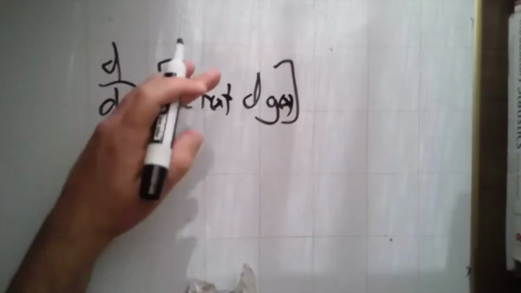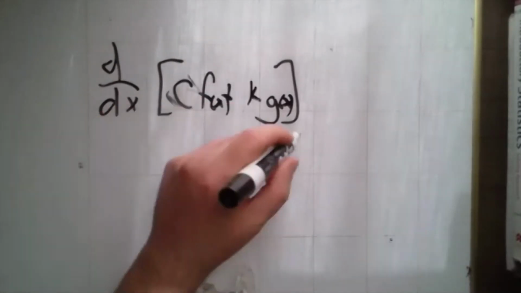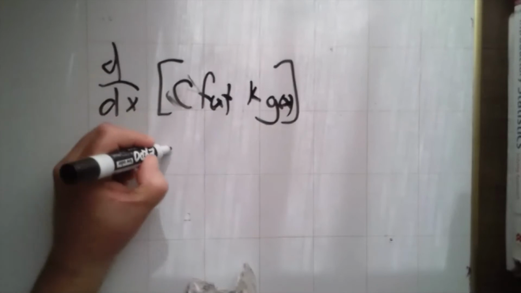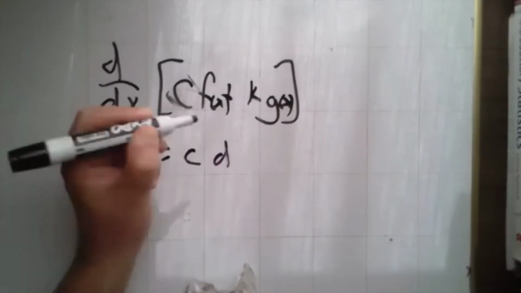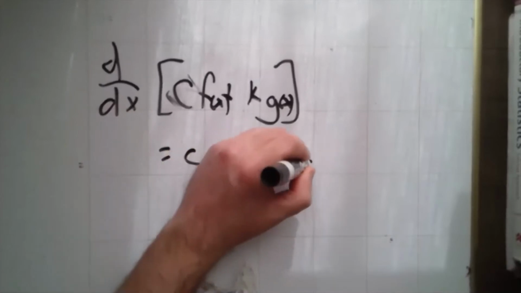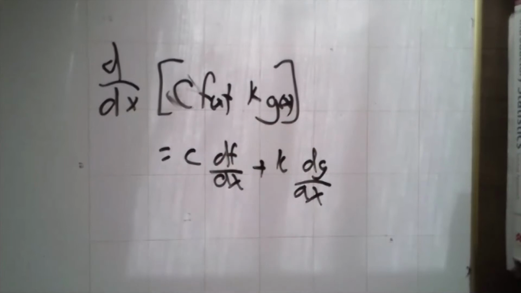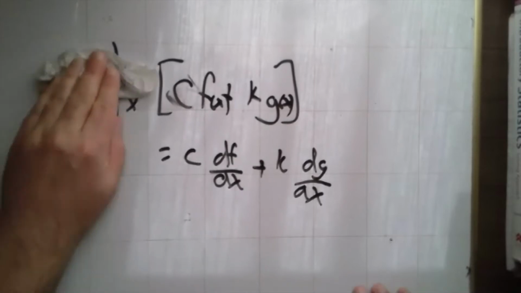The derivative is a linear operator. It can be distributed and constants can be pulled out. This would be c times the derivative of f plus k times the derivative of g. You can distribute a derivative over sums and differences, and you can pull constants out.